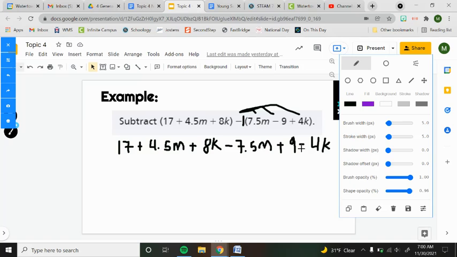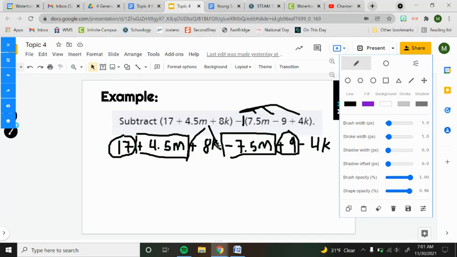All right, again, I'm going to look for my like terms. Remember, like terms are the ones with the same variable, or no variable. So in this case, my like terms would be 17 and positive 9, positive 4.5m and negative 7.5m, and 8k and negative 4k.